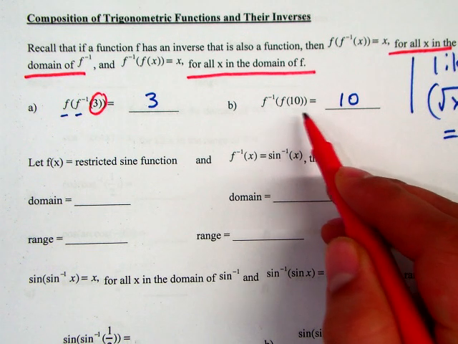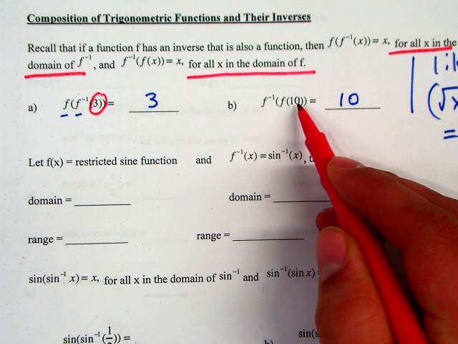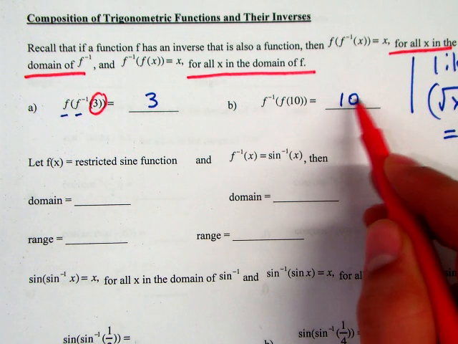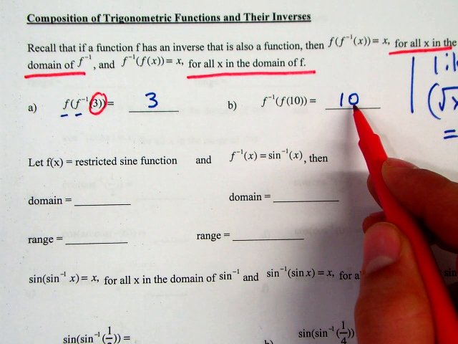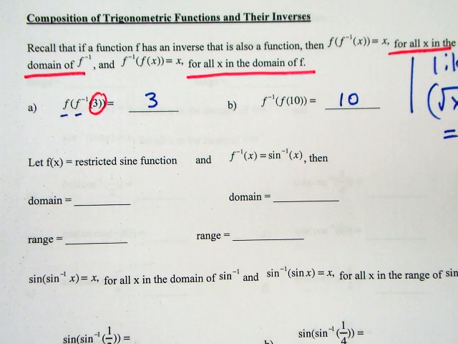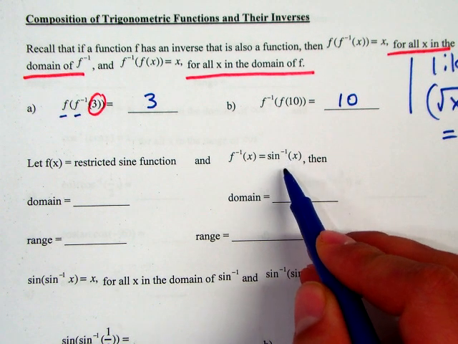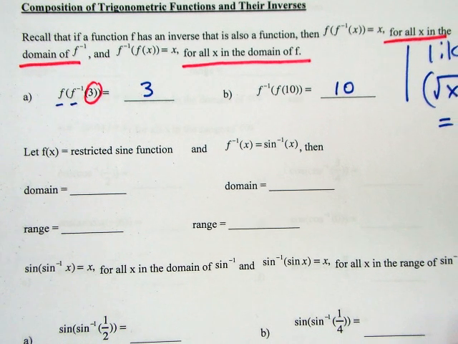If this 10 is not part of the domain of the inside function here, you can't just undo it and get 10 as your answer. Okay? So that's why it's very important that you remember the domain and ranges for sine, inverse cosine, inverse tangent, and all their restricted functions.